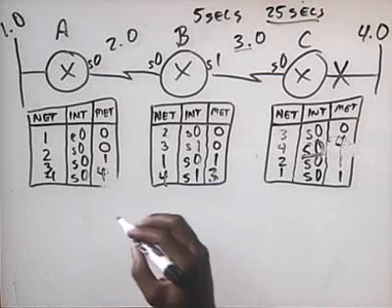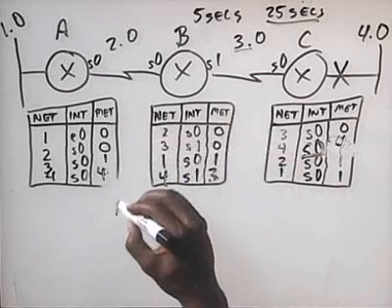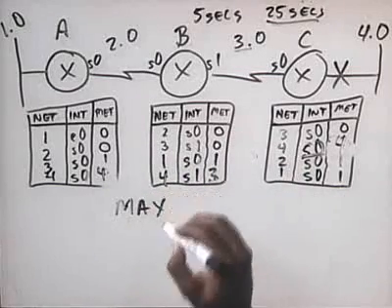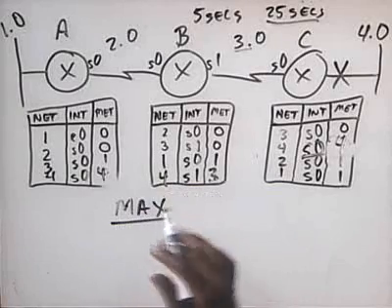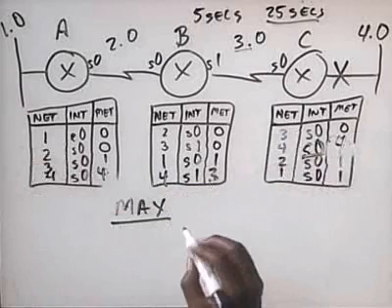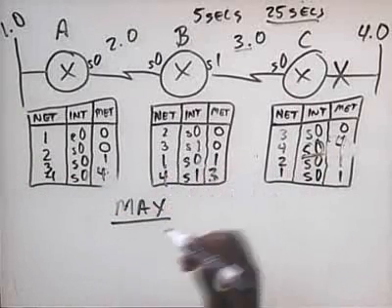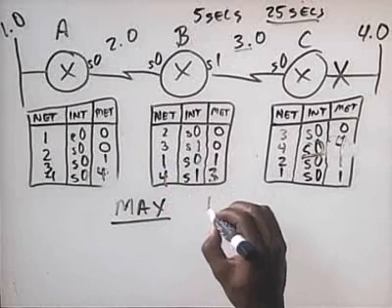One solution to the counting to infinity problem that we ran into here is defining a maximum. Instead of allowing this to propagate on and on and on, we define a maximum hop count for RIP. The maximum hop count is 15.